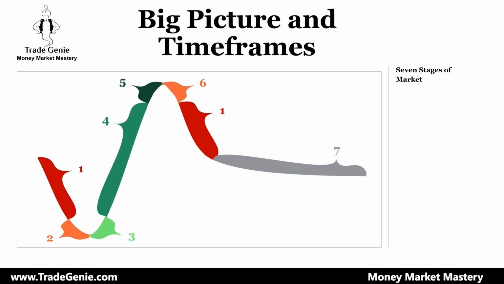The market goes through the same stages in all time frames, whether it's a 5-minute time frame or a monthly or yearly time frame. If you study it, you can see that in a yearly time frame if you're looking for long term, or you can go as low as 5-minute or 3-minute, it does the same thing.